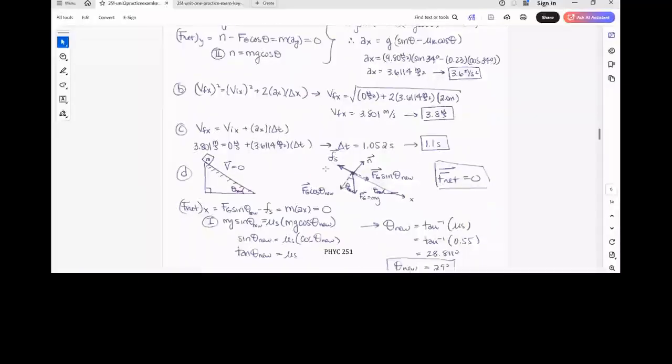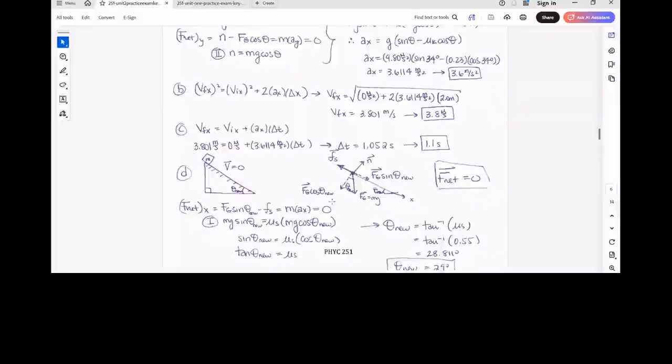Part D is asking us to consider what the static friction value would max out at if I had now the ability to raise or to adjust the angle of this ramp. So my writing is a little bit small here, but I introduced a theta nu, measured with respect to the horizontal.